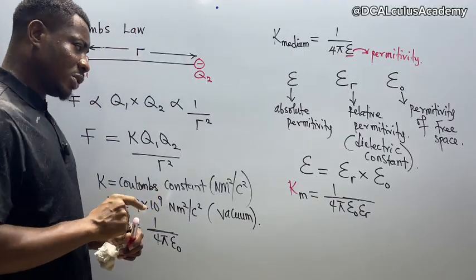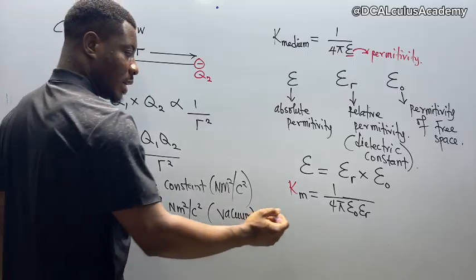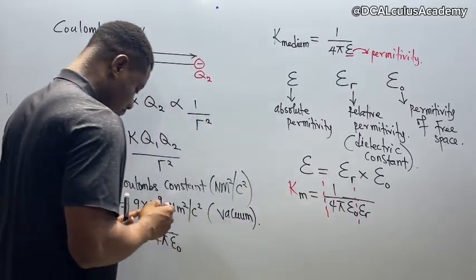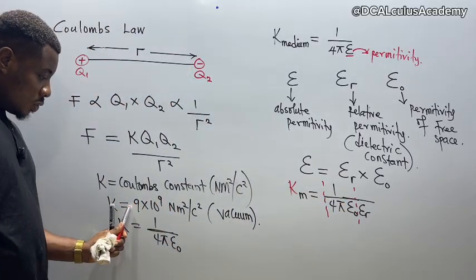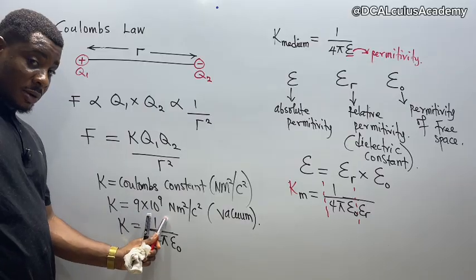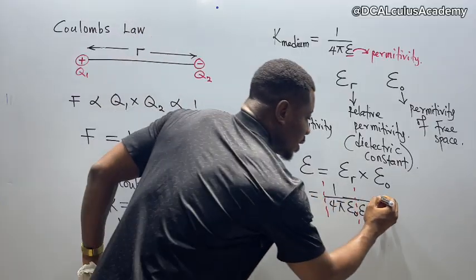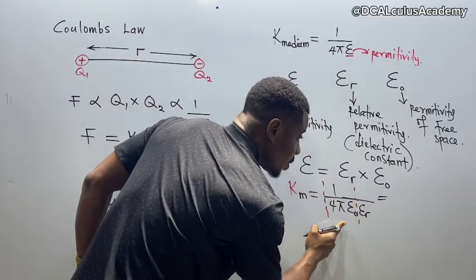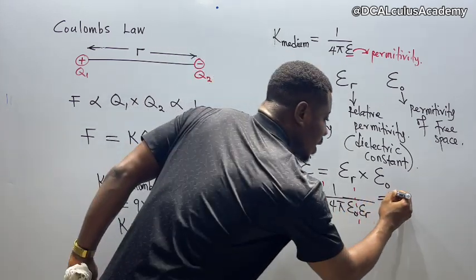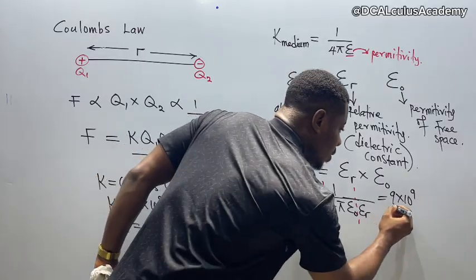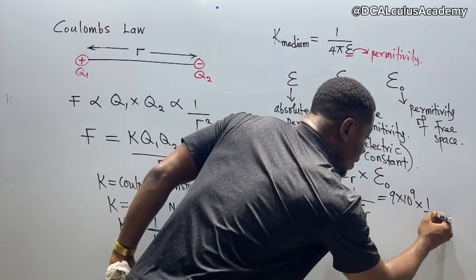But remember, we have said something already before. We said that 1 over 4 pi epsilon naught is equal to 9 times 10 raised to power 9. So we can replace 1 over 4 pi epsilon naught there. If we do that, everything here becomes 9 times 10 raised to power 9, multiplied by 1 over epsilon r.